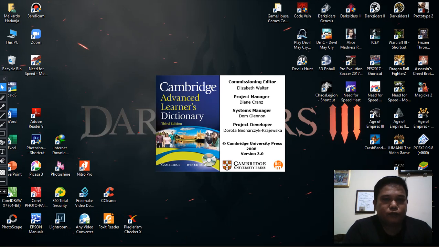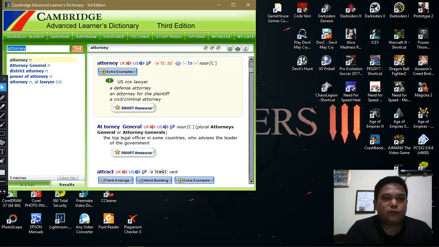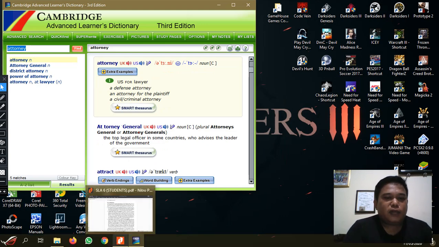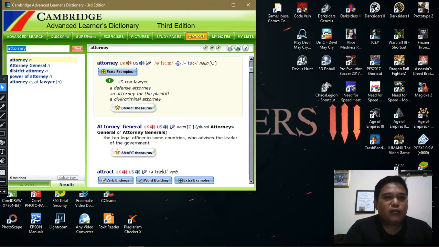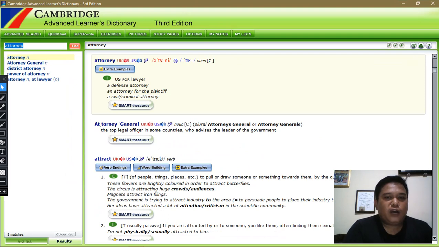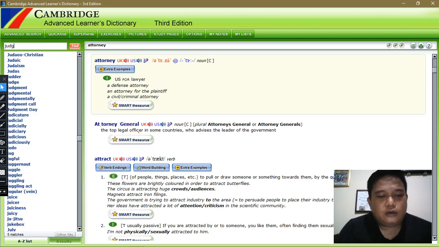So this one is the dictionary. Well, if we divide them into the three of them, if we have to choose between the three of them, this one is the kind of corpus-based dictionaries.